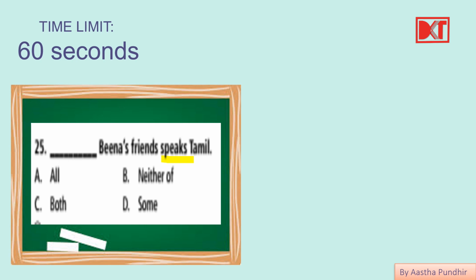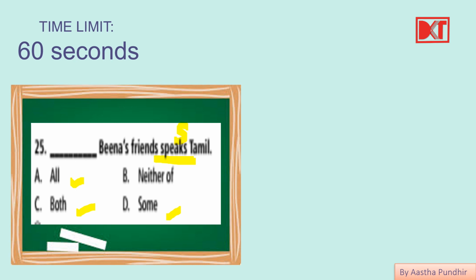Here the verb plus S is done for third person singular and not third person plural. So here all, both, some represent plural, okay, like more than one person.